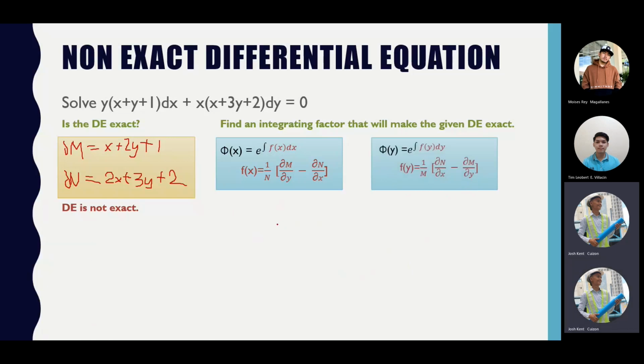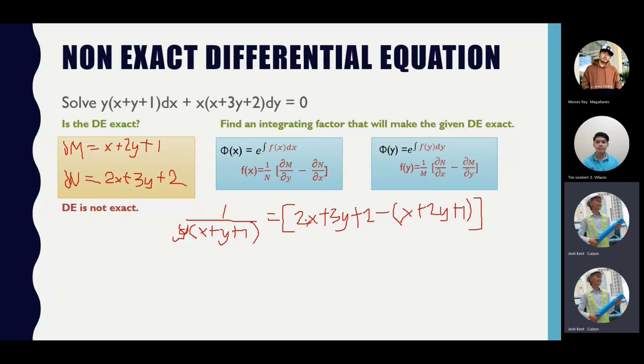So for the phi of y, 1 over m. What is our m? y times x plus y plus 1 is equal to, this time the other way around, 2x plus 3y plus 2 minus x plus 2y plus 1.